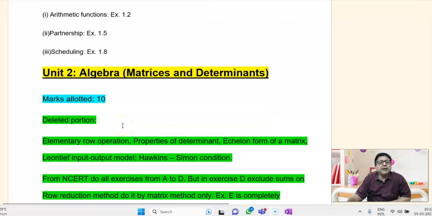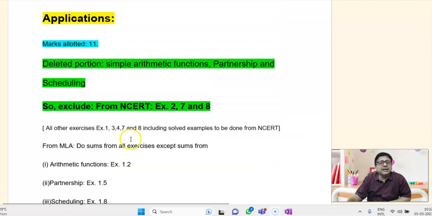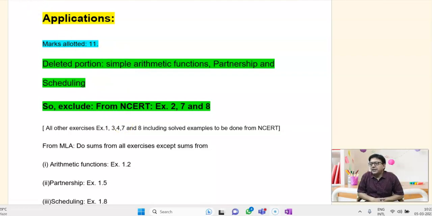Then algebra, but before I start algebra, I'd like to say a little bit about those topics when you are revising. So what exactly you are going to revise from there, that I'll say one by one. In the modular arithmetic portion, there was a little bit of application you have already done in class 11.